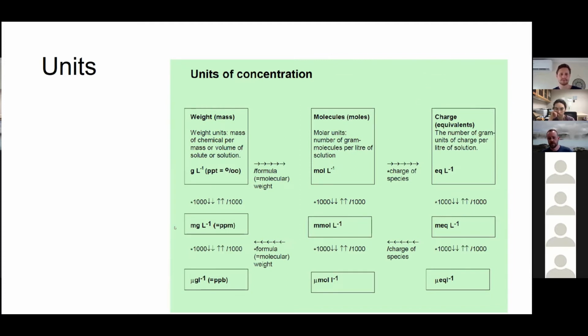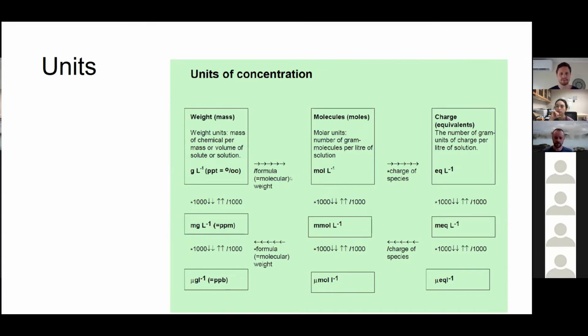So if, for instance, you're doing a charge balance calculation, you want to know, does the charge from my cations equal the charge from my anions? Then you need to move across into charge equivalence. So you would go from milligrams per litre, let's say, divide that value by 1,000, getting you into grams per litre, and then divide again by the formula molecular weights.